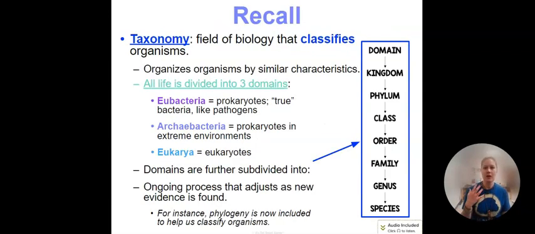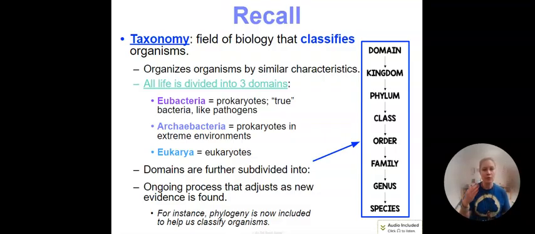So for now, we have already talked about the classification system as a whole and the history of classification, but now we're going to dive a little bit into the field of taxonomy, which is specifically a field of biology that relates to classifying organisms. Taxonomists' job is to organize organisms based on their similar characteristics.